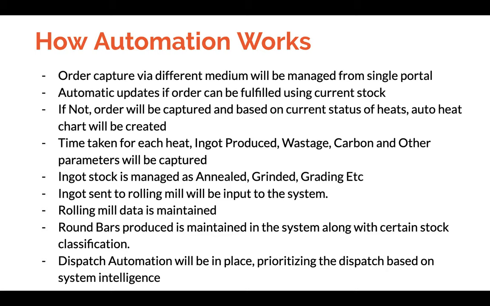So this dispatch automation will help you tell exactly which client to serve first, what products to serve first, how much availability there is, and what promise you can make to the client. So this whole process will be taken care of intelligently. There is a system intelligence put into it, which will take care of the whole system management and dispatch management.